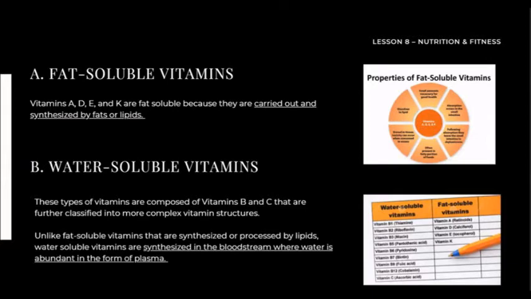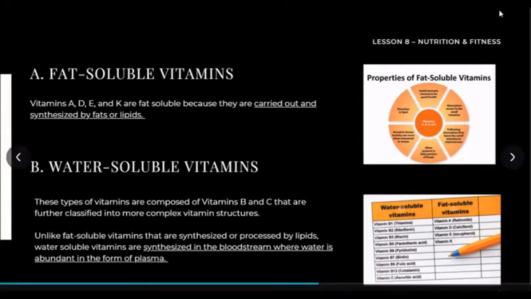The sourer the fruit, the more it is packed with vitamin C. The fat-soluble vitamins and water-soluble vitamins are critical for ensuring your body's growth and development. Also, they help you to protect your body from infections and several forms of invaders that are brought about by factors in the environment.